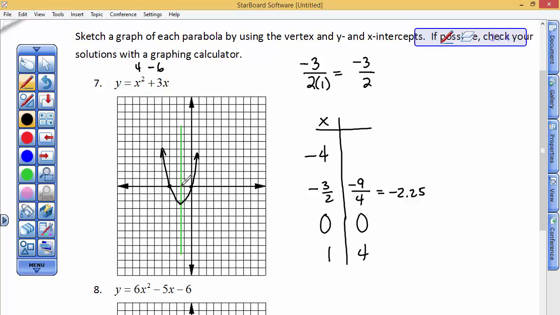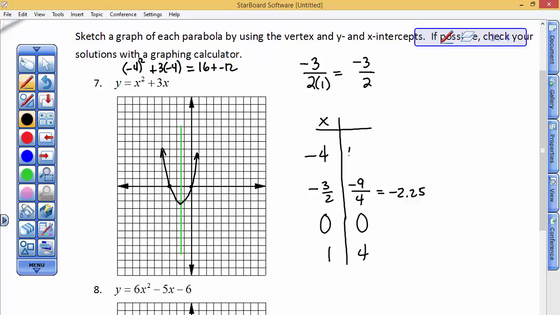I'm going to pause. I had a -2 here. I meant to use a -4 here, because where x is 1 right here, that's 2 1/2 away from the axis of symmetry. So if I go this way 2 1/2, I'm right here at this spot. That spot right there is where x is -4. So when I take -4 and square it, I get 16. And 3 times -4 is -12.